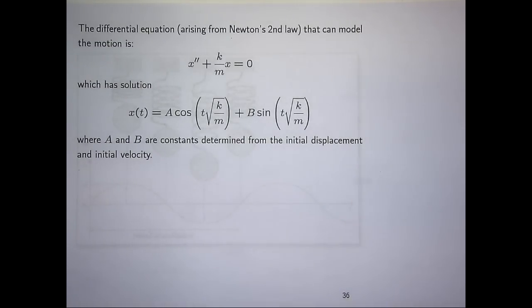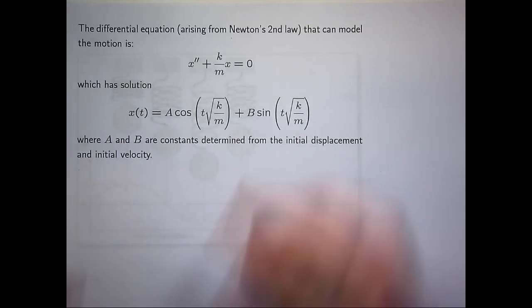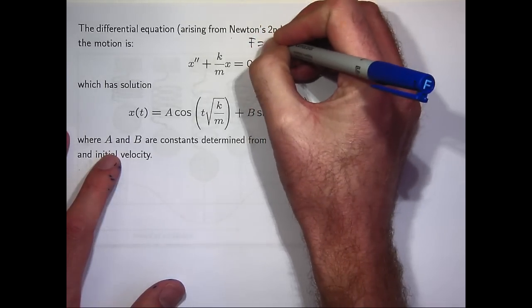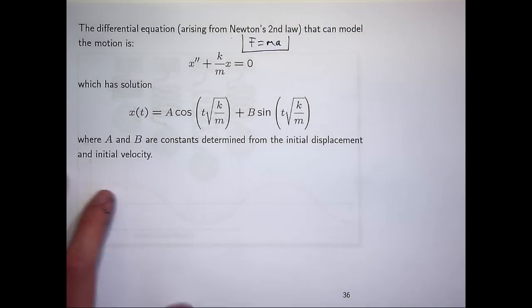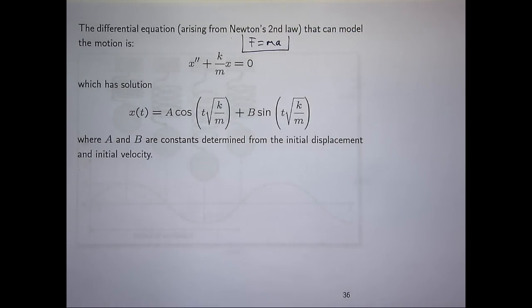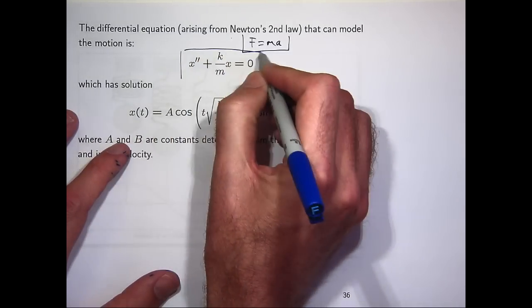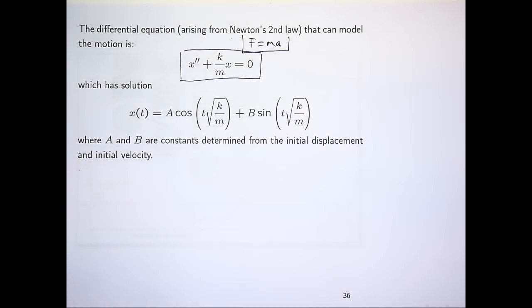Okay, so you can use Newton's second law, F equals ma, to come up with this basic model. Now, you may have seen this in other classes or even at school.